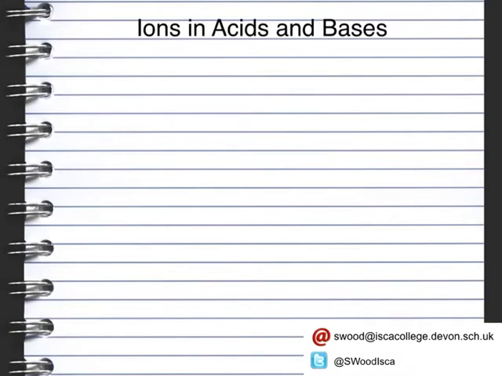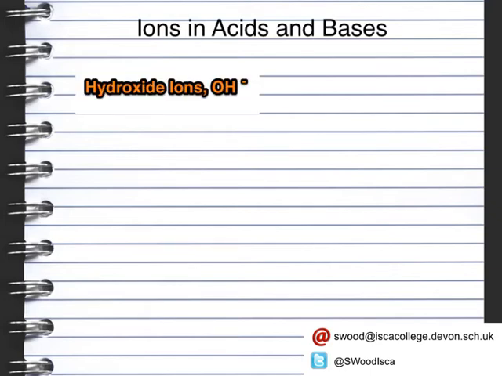Now, a neutralisation reaction involves ions. Ions are charged particles, so they've either gained electrons or they have lost electrons. If we take our first ion, we've got a hydroxide ion.